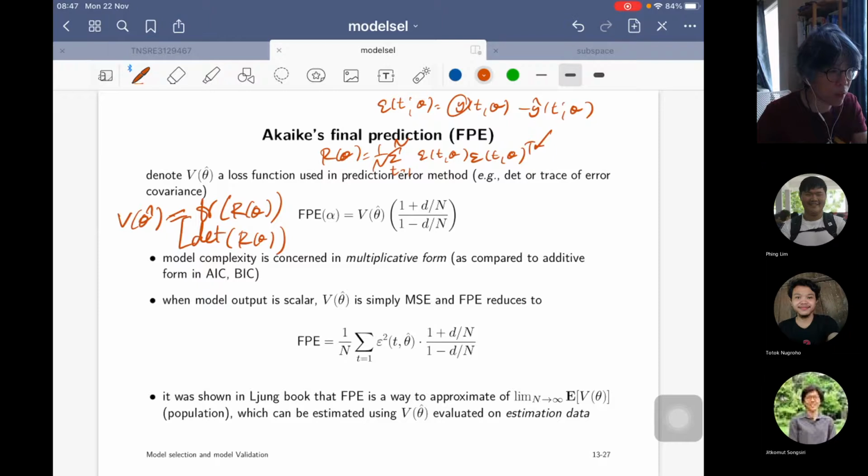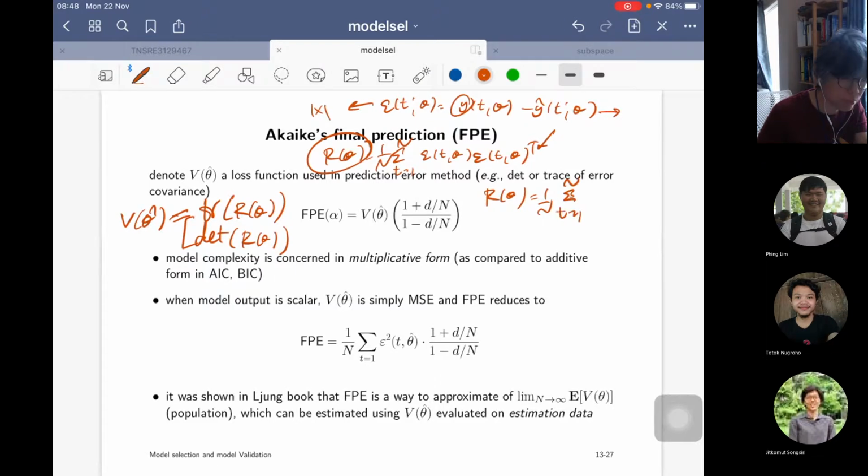These things are simplified when the model has scalar output. When this becomes a scalar, it is 1 by 1, so R, the covariance matrix, becomes the prediction error squared, all scalar.